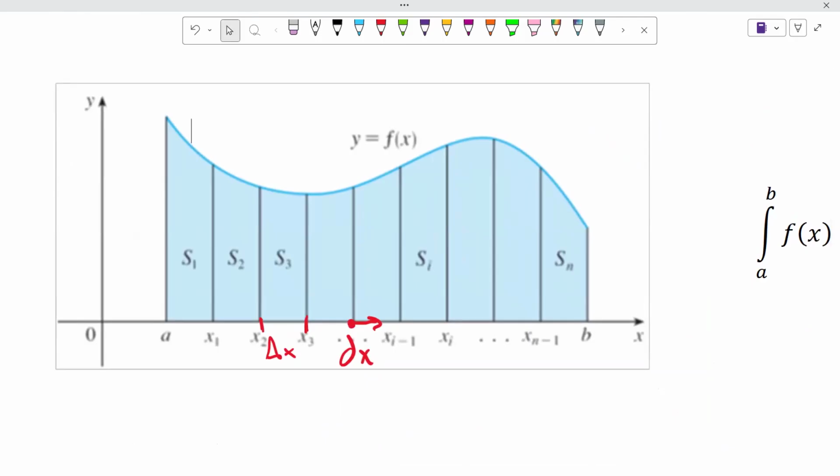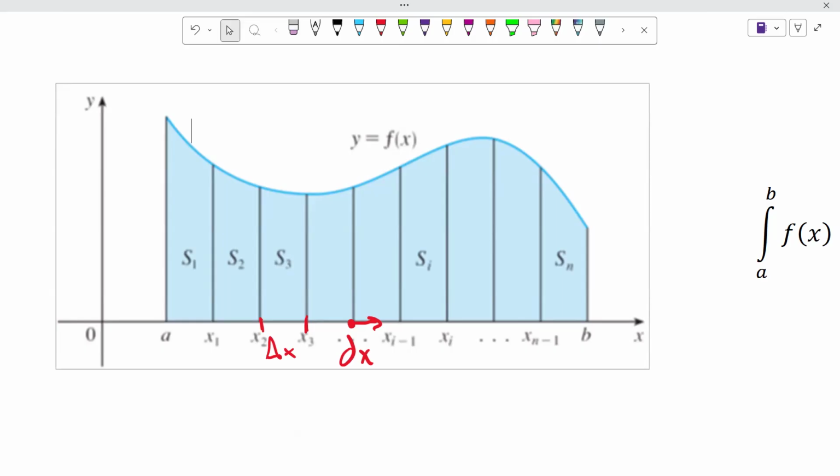We built up integration from our infinite Riemann sums, which was taking some area under a curve, subdividing it into a ton of rectangles. We're going to claim that the width of each one of those rectangles is going to be a regular fixed value that we'll call delta x, just the change, the width of our rectangle. It's the change in between subsequent x values.